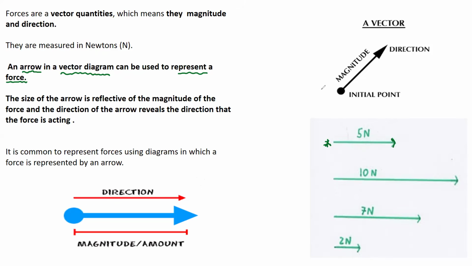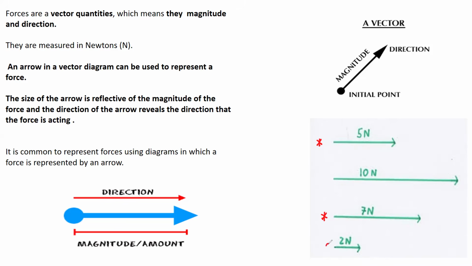Secondly, the size of the arrow is reflective of the magnitude of the force. So how long that arrow is can tell you about the size or the magnitude, the amount, the quantity of that force. If you look at the examples that I put here, 5 Newton is shorter than the 10 Newton. 7 Newton is shorter than the 10 Newton.